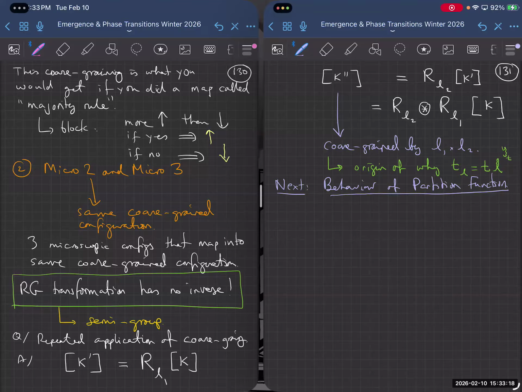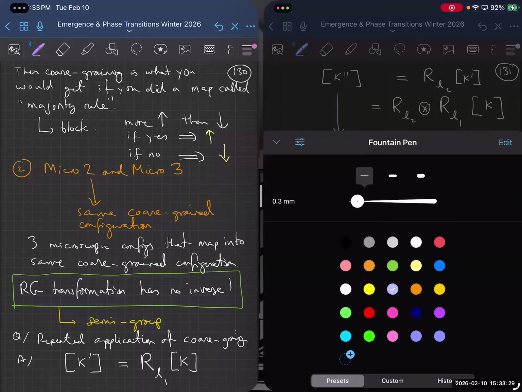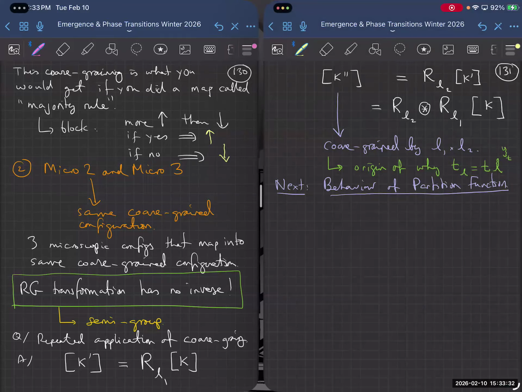So everything we're talking about now is just an alternative way of doing statistical mechanics, which Boltzmann could have come up with, or Gibbs or somebody, but they didn't, as far as I know. Okay, so let's talk about what happens to the partition function when we coarse grain.